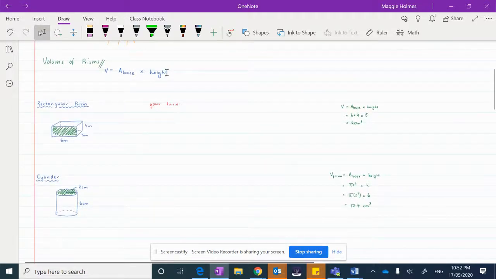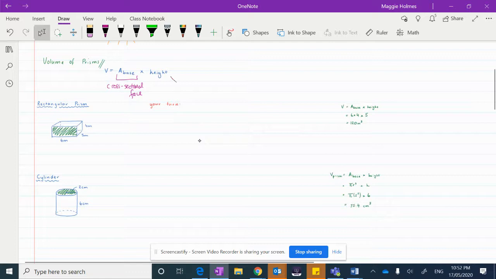All right, let's use our volume of prisms formula in some examples. It is really important that the base is our cross-sectional face. Look at our examples just here and figure out which face is the cross-sectional face.